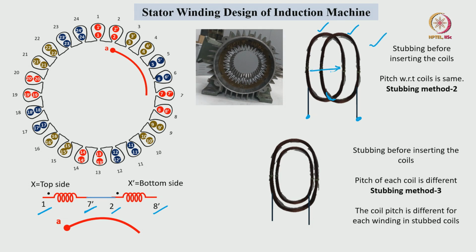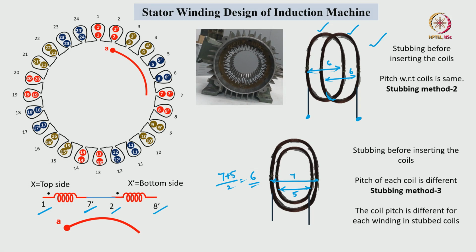Here the coil pitch is the same in both coils, 6 and 6, whereas in method 3 the coil pitch with respect to the outer coil side is 7, with respect to the inner coil side is 5. So, one coil will be over pitched, the other coil will be short pitched, but the resultant pitch, 7 plus 5 by 2, will be 6. The copper will be the same in all 3 types of stubbing approaches.